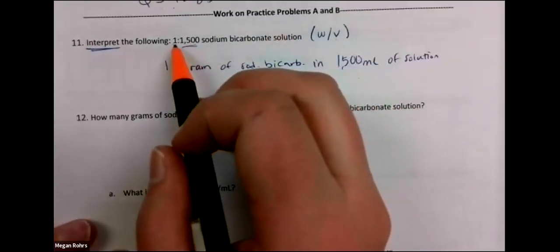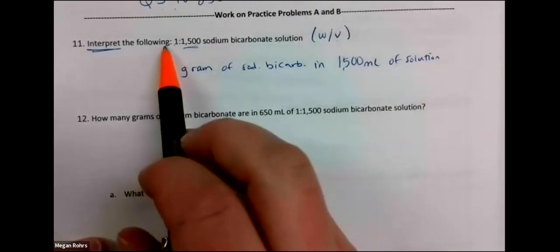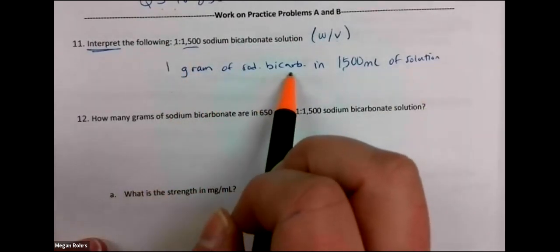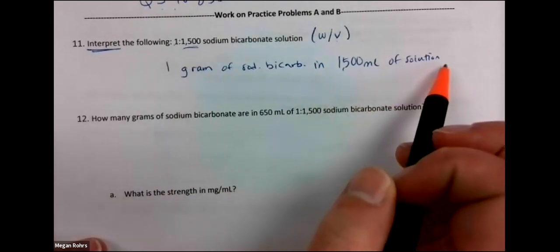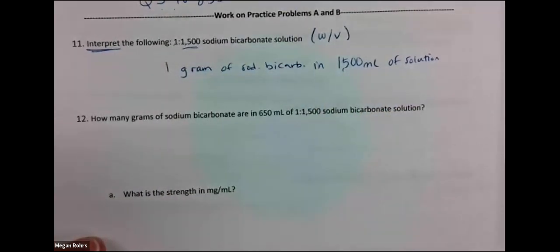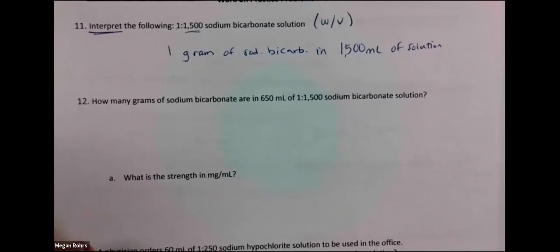So all I did was just take my ratio and write it out in word form here. So there's 1 gram of sodium bicarbonate in 1500 milliliters of solution. So on practice problem C, when they're asking you to interpret the ratios, this is what I want you to do. Just write it out in words.